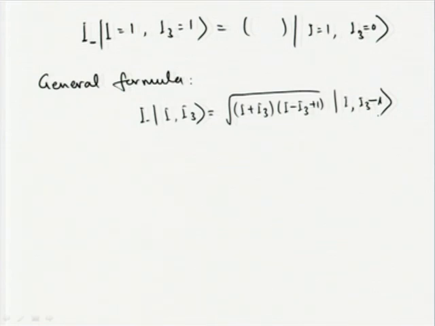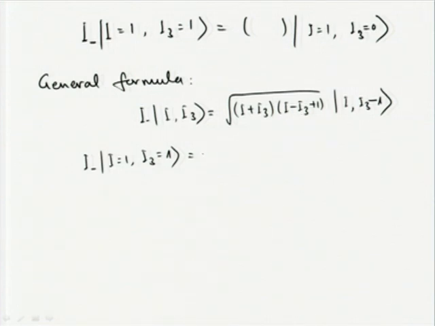Then we can actually apply this here in the case of I equal to 1, I3 equal to 1, and then we will see that I minus on I equal to 1, I3 equal to 1 gives the square root of 1 plus 1 times 1 minus 1 plus 1, which is 2 into 1.